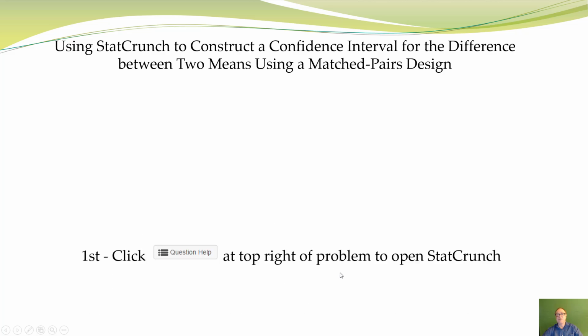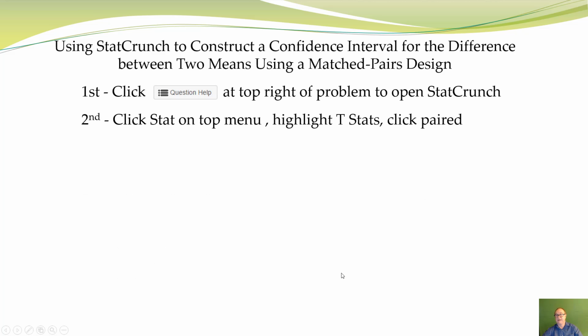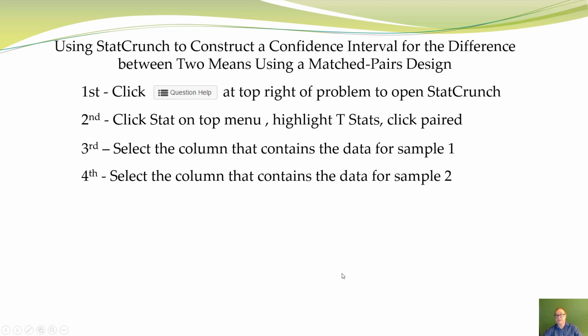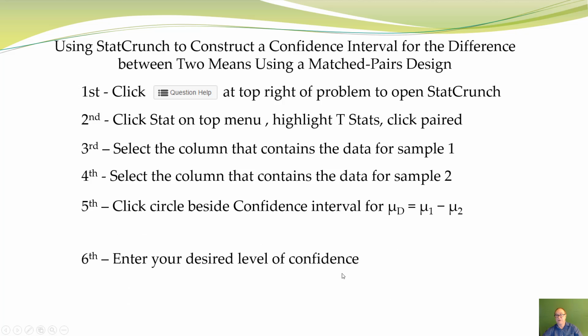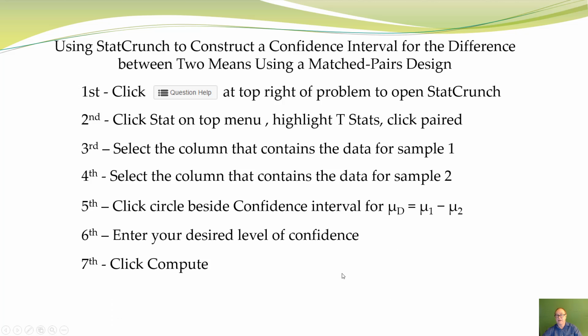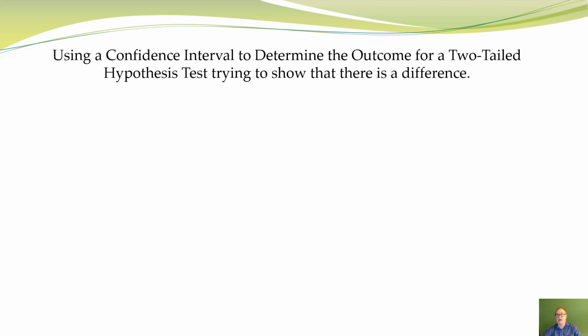Using StatCrunch, we just went through that. You pick the two columns, and you go down through and compute. We already went through that on StatCrunch, so I don't think I need to read down through every one. Now, using a confidence interval to determine the outcomes for a two-tailed hypothesis test. Same thing we've been doing.